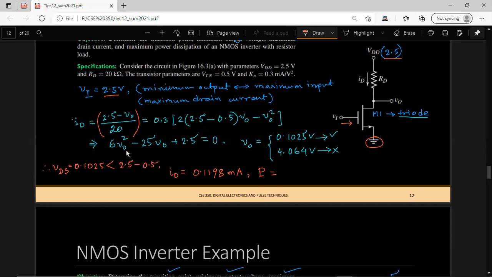So therefore it is very easy to calculate the power dissipation here: 2.5 times 0.1198 milliampere, and the dissipated power should be around 0.3 milliwatt.